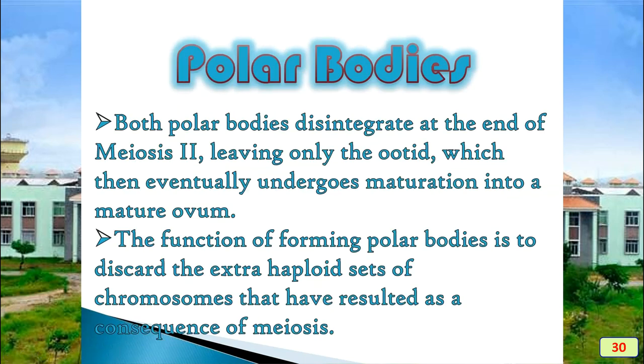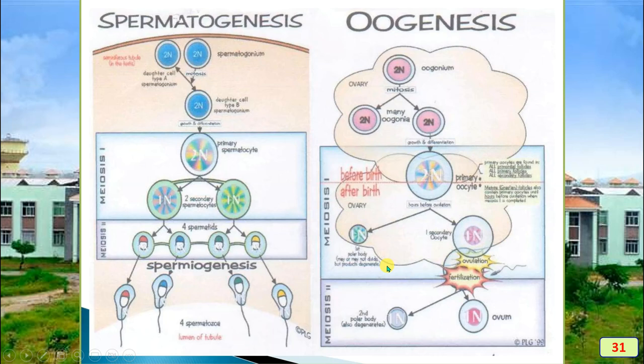Both polar bodies disintegrate at the end of meiosis 2, leaving only the oocyte, which eventually becomes the mature ovum. The function of the polar bodies is to discard the extra haploid sets of chromosomes that result from meiosis.